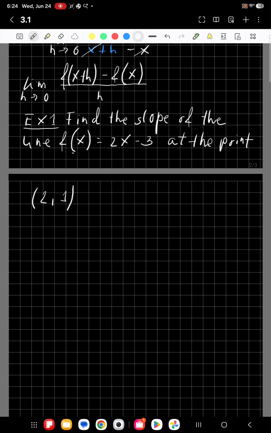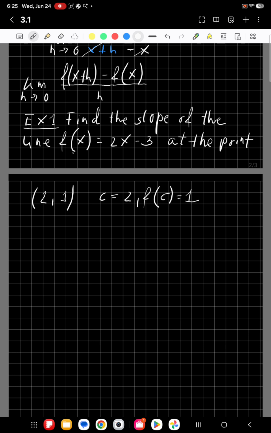So we have the x coordinate. I'll use that first definition with c first. So c will, in our case, be 2, and f of c is 1.